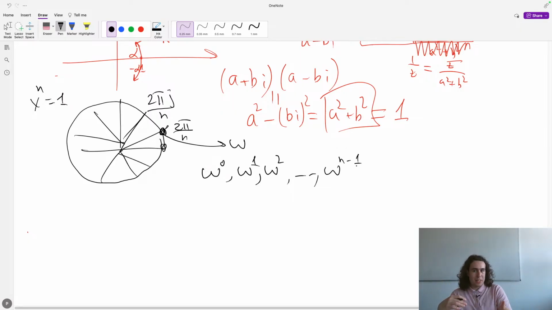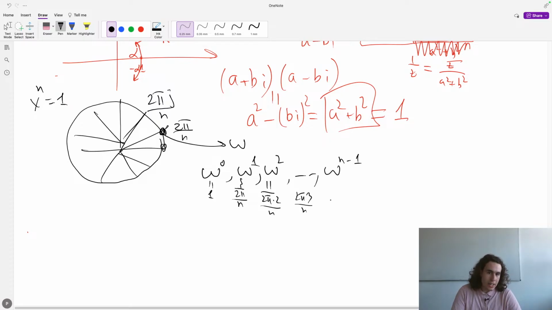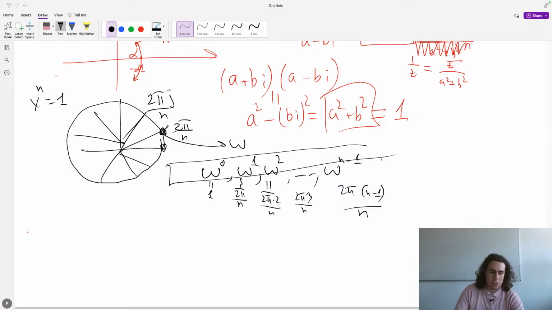If I multiply by a complex number, I add an angle. So omega to the 0 is 1, then this is going to have angle 2 pi over n, then I add 2 pi over n again, so it's 2 pi times 2 over n, 2 pi times 3 over n, and so on, 2 pi times n minus 1 over n. So these are exactly all the angles that we cared about. So actually we evaluate in these points, right?